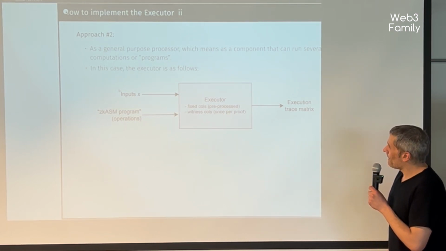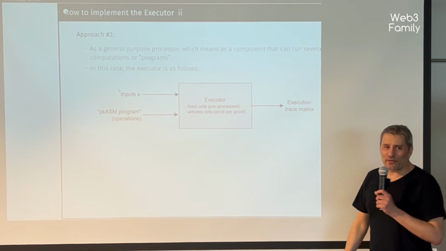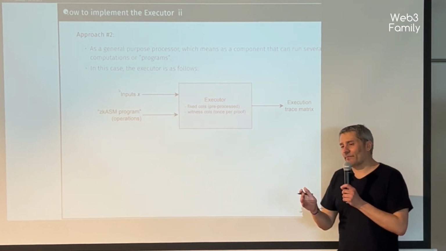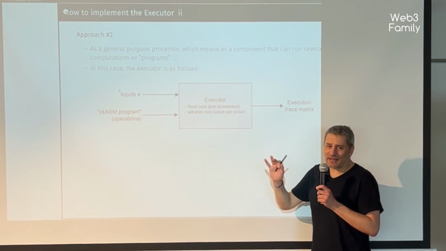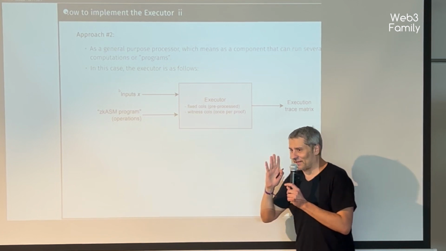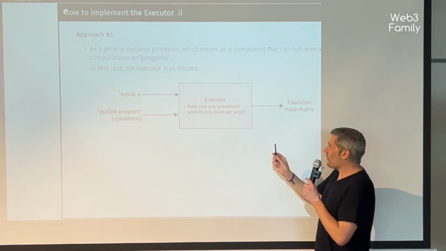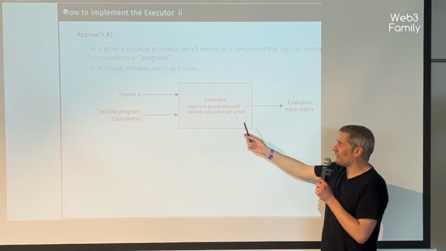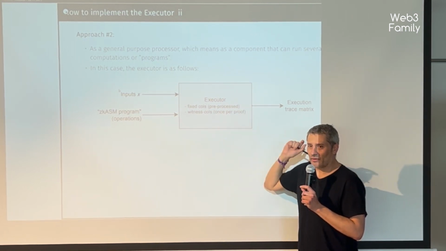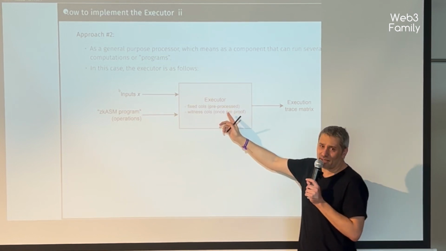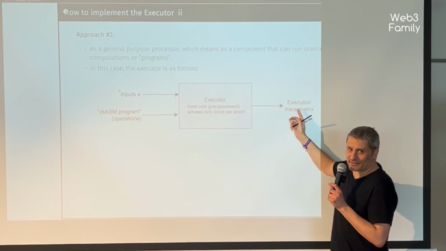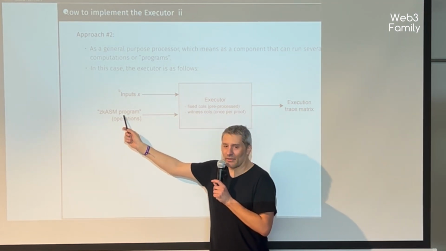So instead, the other executor could be thought of like an ASIC, a specific piece of software that generates a specific matrix. But what if we thought of the executor as a general purpose processor? It means that it is going to be able to generate different execution traces according to a program.